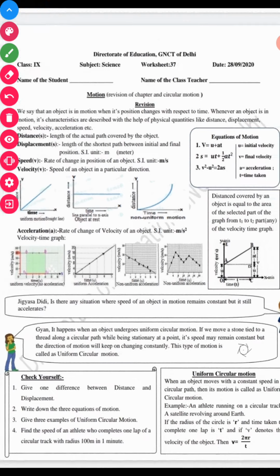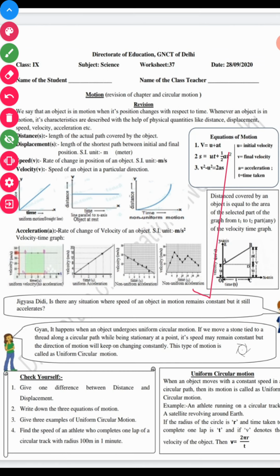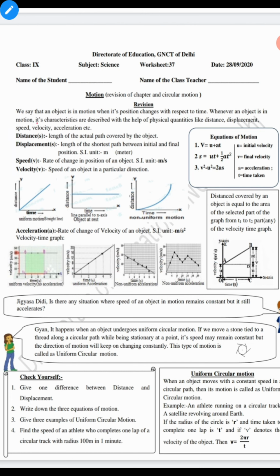We say that an object is in motion when its position changes with respect to time. Whenever an object is in motion, it is described with the help of physical quantities: distance, displacement, speed, velocity, and acceleration.